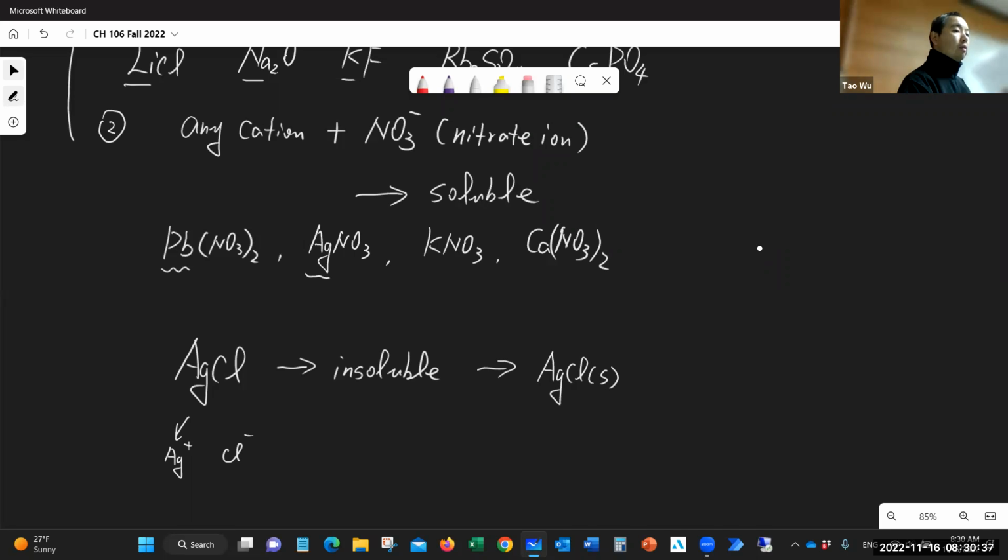So when you see a product containing silver chloride, you should write silver chloride (s) instead of silver chloride (aq).